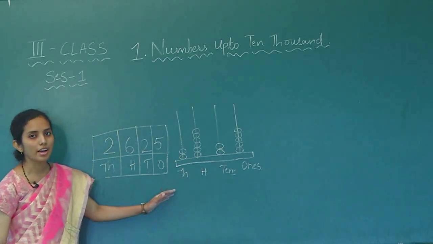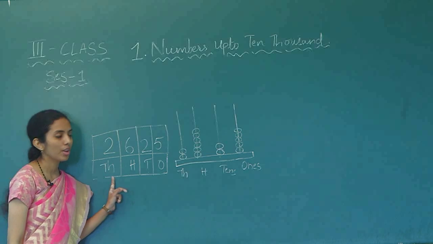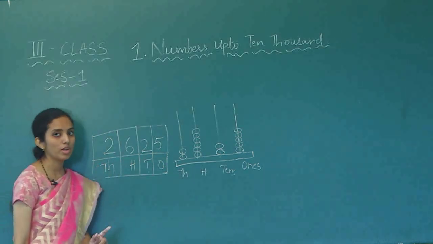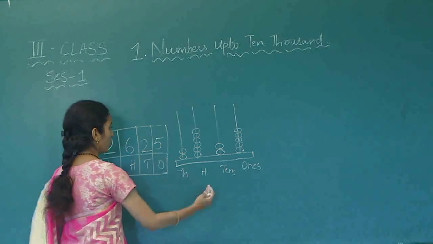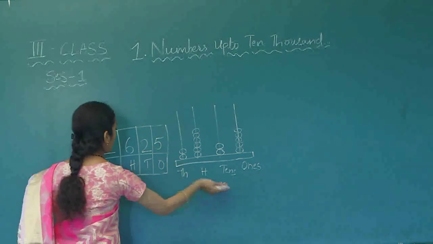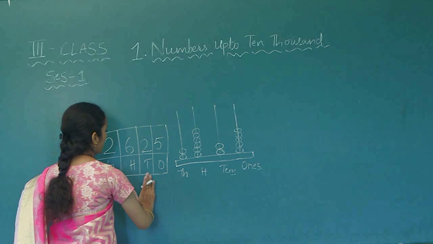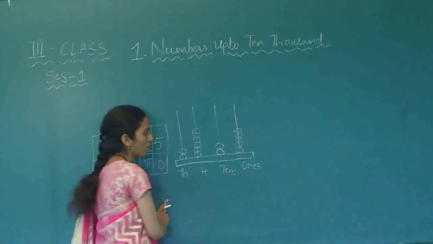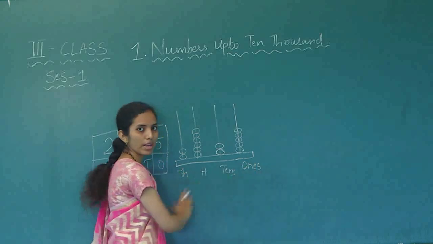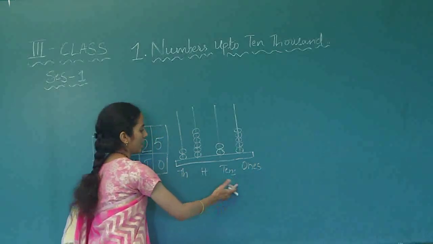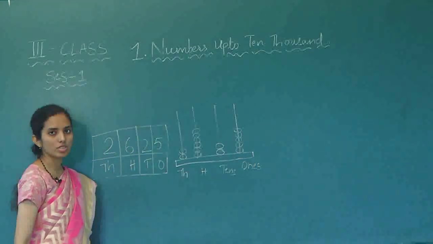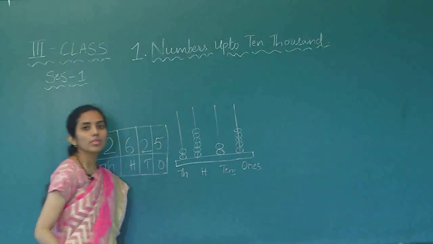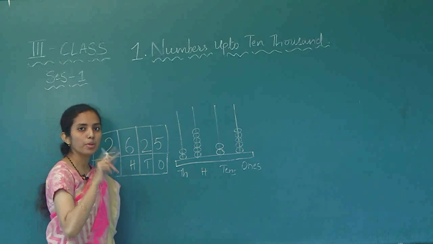So in this manner, if a number is given, you first write the place values, and always remember place values should be written from right to left, that is ones, tens, hundreds and thousands. On the abacus also you first write the place values. When a number is given, represent it with the number of beads given.